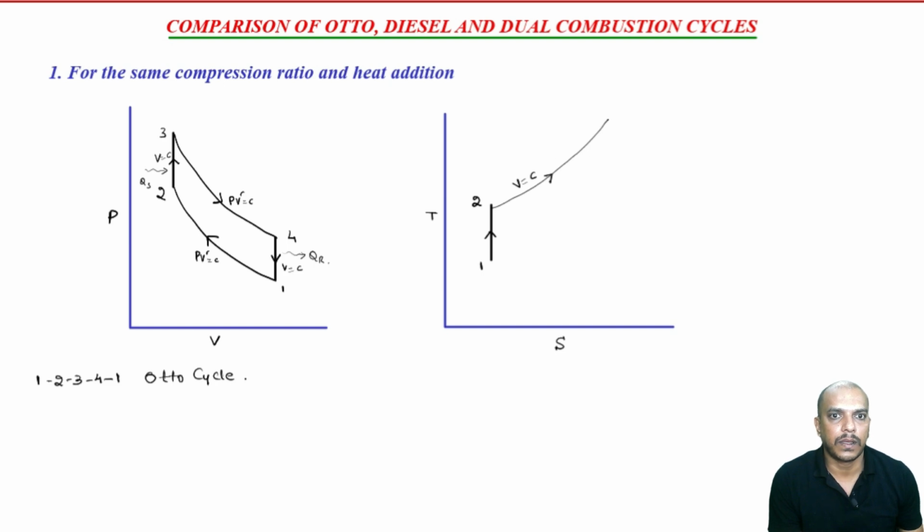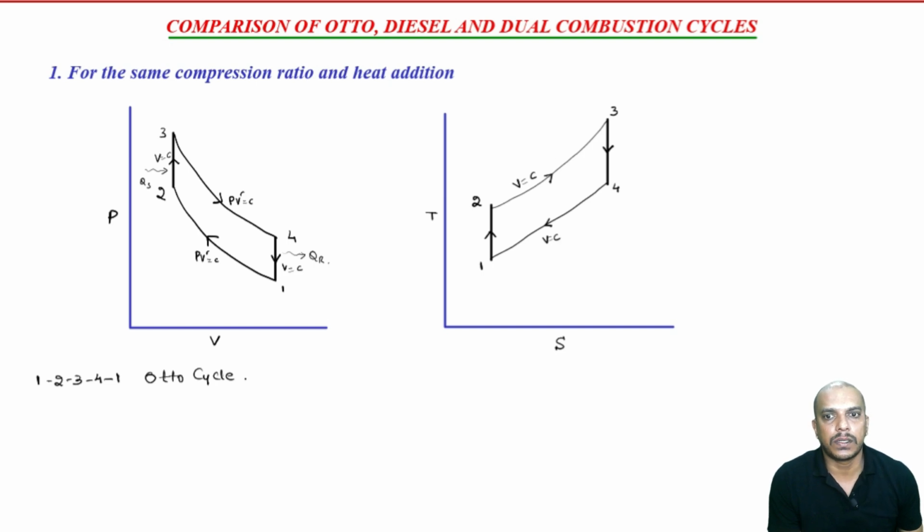Then 3 to 4 is again reversible adiabatic, so that is isentropic process. So, this is 3 to 4. Then 4 to 1 constant volume heat rejection.